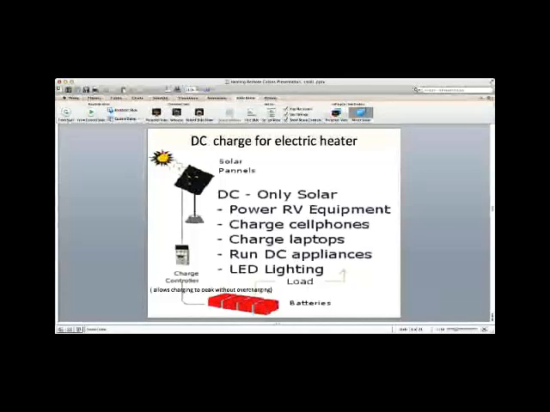If I don't have a good charge controller, it could be that I'm only using a certain percentage of my batteries. I'm not really packing them out. That will decrease the life of the battery, and it's expensive as they are. It takes away from the ability to really get the most bang for your buck when you're using your panel or your windmill or such as that.